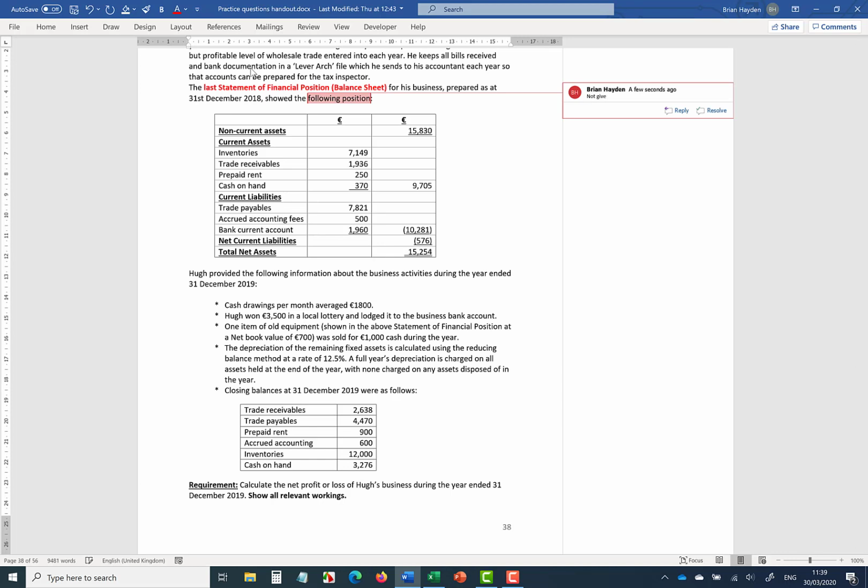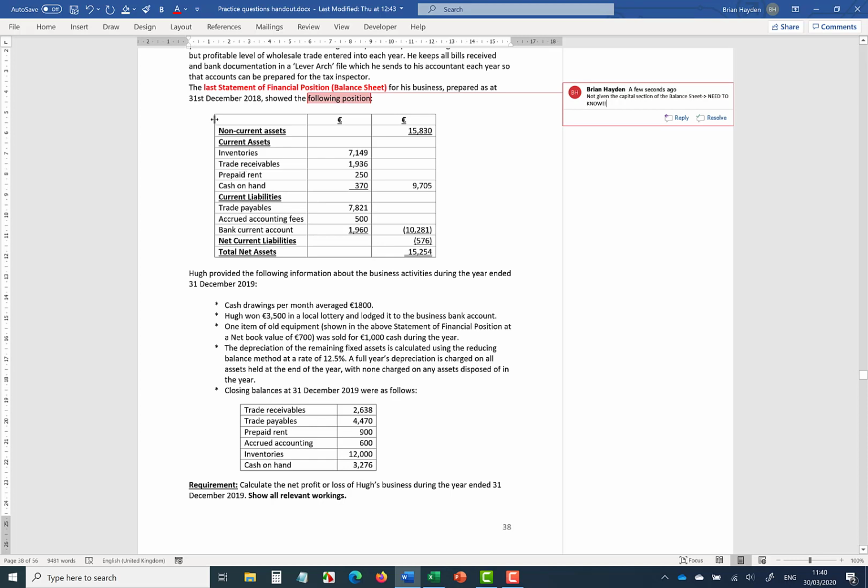So I'll just put in a comment to that effect. So you need to know the capital section of the balance sheet, what things go into the capital section. That's a learning point that does need to be borne in mind.